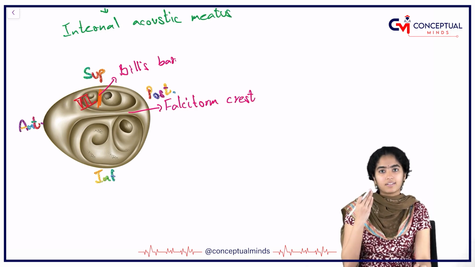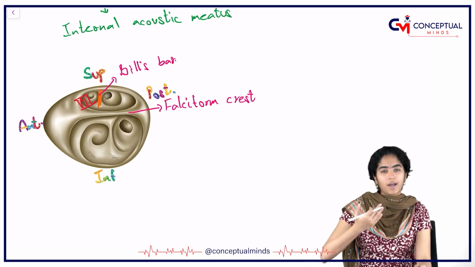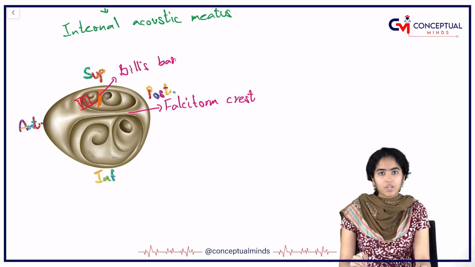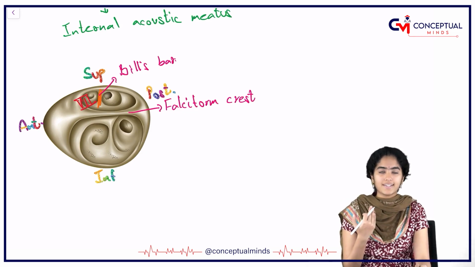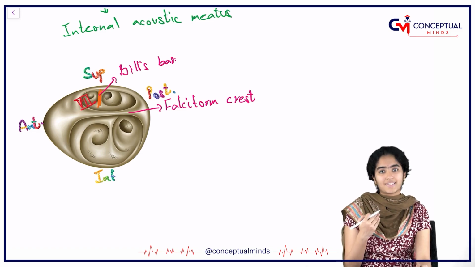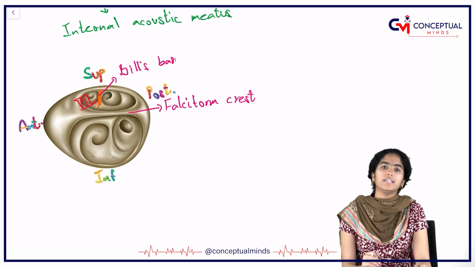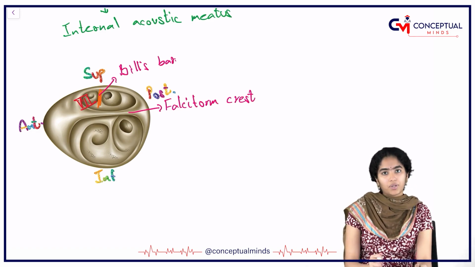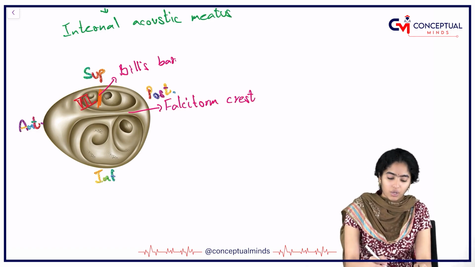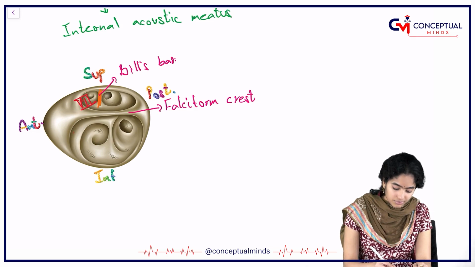Face is present anteriorly and it is also the most superior part of the entire human body. So you can remember that the facial nerve, which supplies the face, is present anterosuperiorly in the internal acoustic meatus. Below it, on the anterior aspect itself, we have the cochlear nerve.